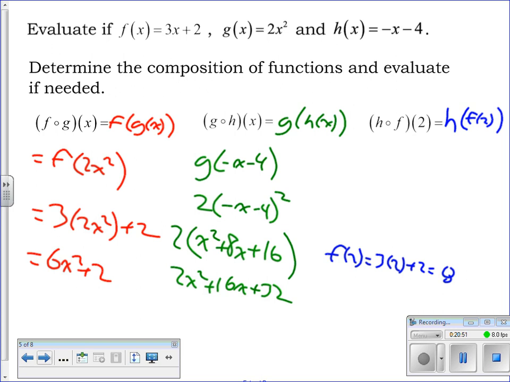So that means this is actually h of 8, because f of 2 is 8. Plug in 8 into h. Negative 8 minus 4, negative 12.